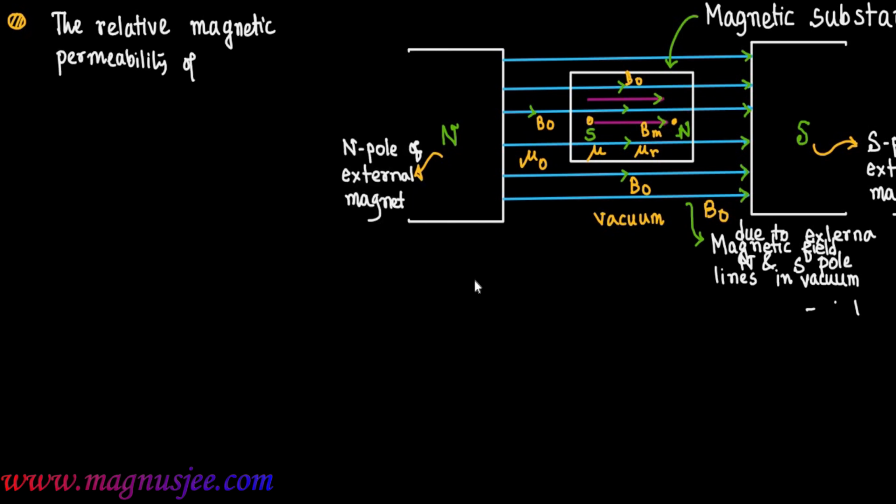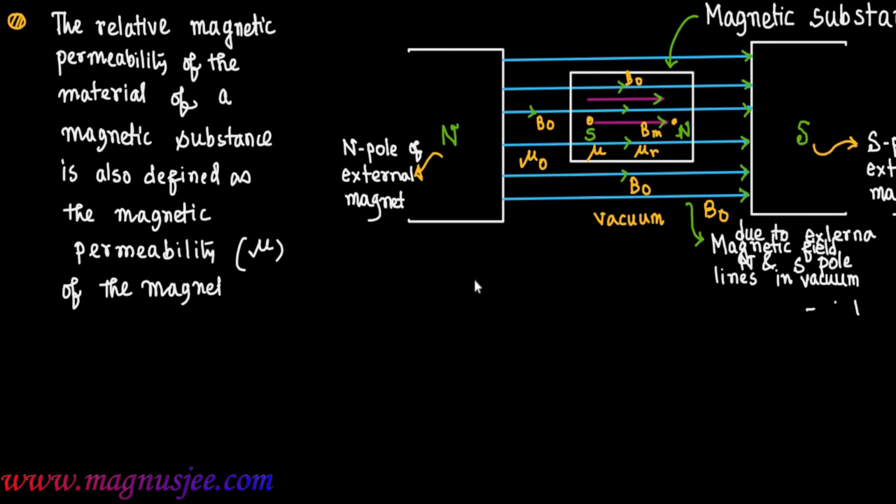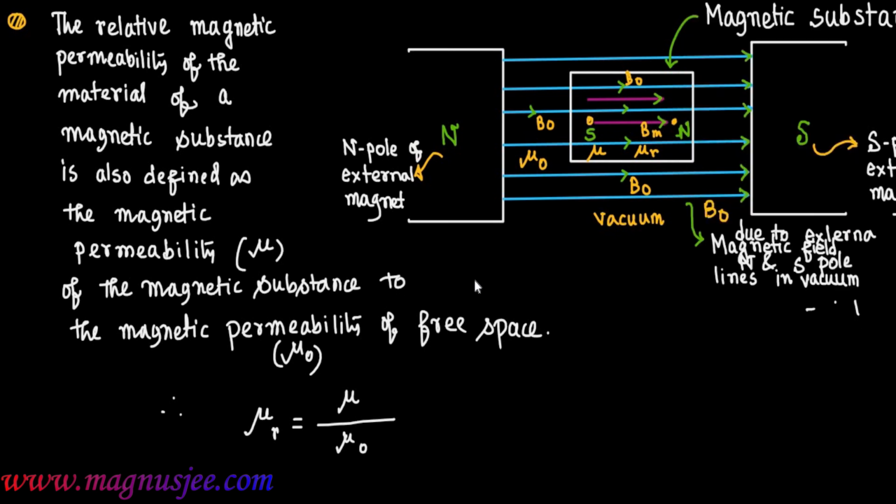The relative magnetic permeability of the material of a magnetic substance is defined as the ratio of the magnetic permeability of the magnetic substance to the magnetic permeability of free space.